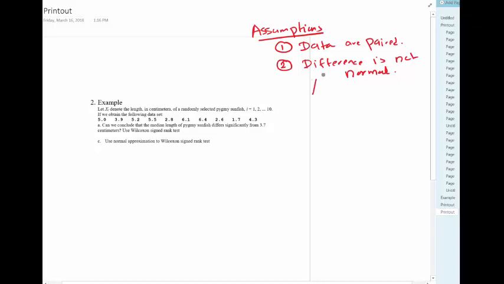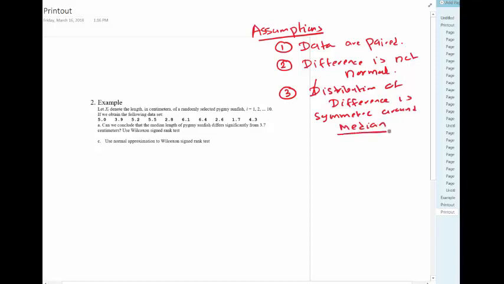So that's the assumption. Then the third one is that the distribution of differences is symmetric around the median. Not the mean, but the median.